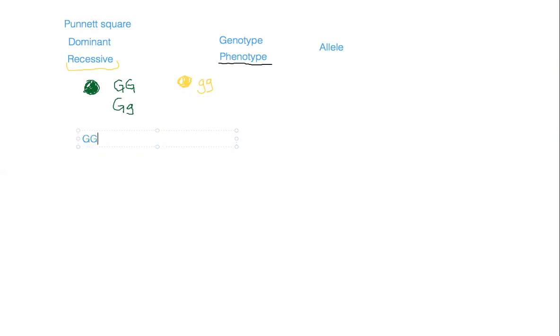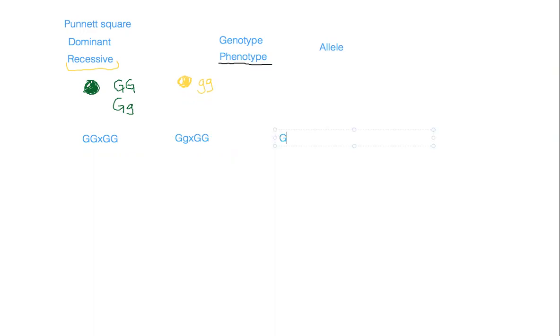The father is this, and the mother is also that one. That could be one case. The other one is the father is heterozygous, that means he has one dominant, one recessive, and the mother is homozygous for dominant.